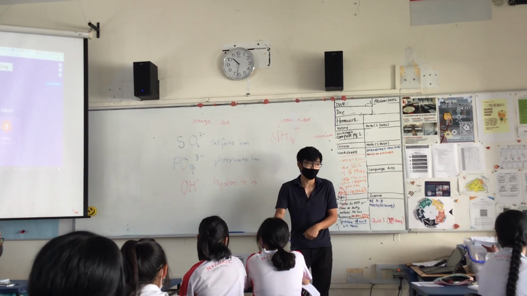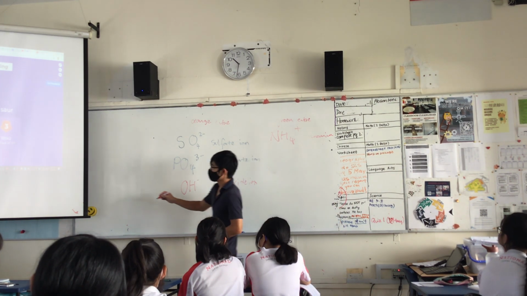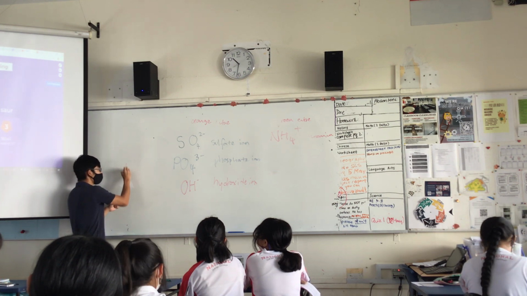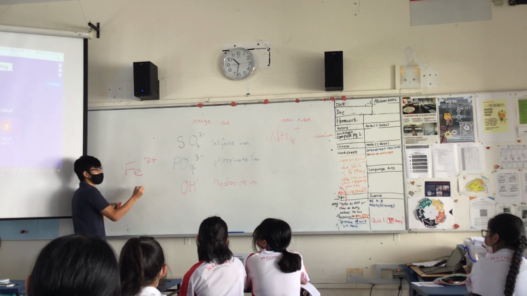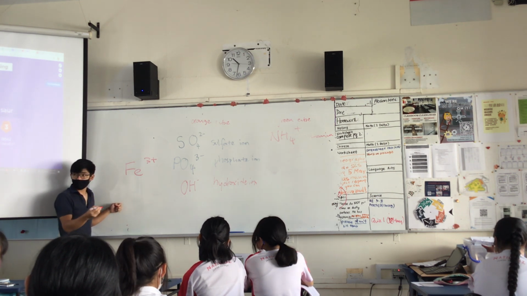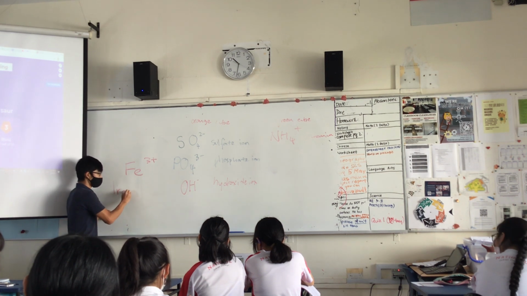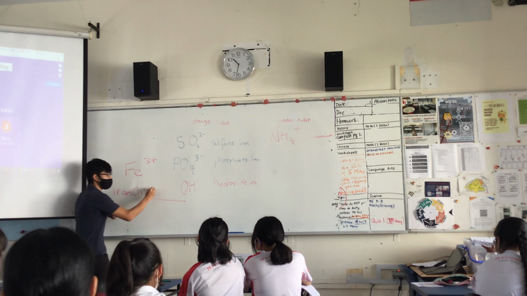Just want to point out one thing. When you name iron, a lot of you saw this particular ion, Fe3+. When we write it out in name form, you will write it as iron 3 or whatever. Let's say maybe it's hydroxide.